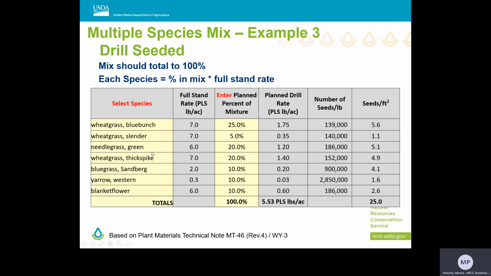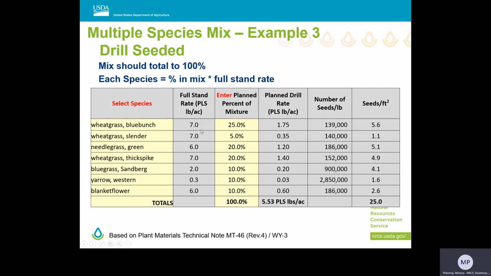And that is done by deciding, again, this is the seed mix we talked about earlier in this webinar. We've chosen the species that we want based on the site conditions, the resource concerns, and the ecological site description. And we've decided on the percent of each species in the mix. We've gone to our plant material tech note and looked up the full stand seeding rate for each of the species.